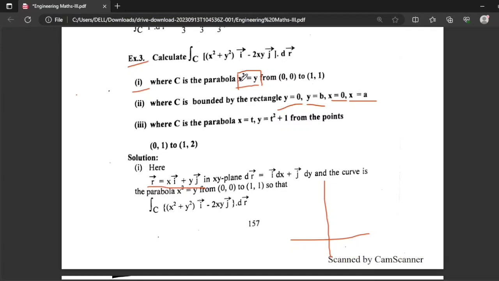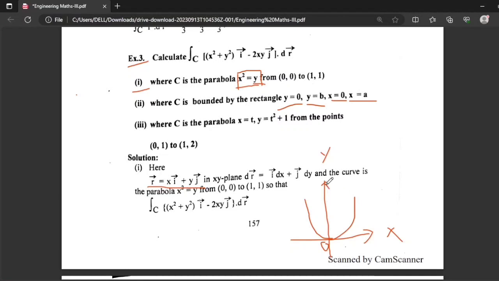This is the x axis and this is the y axis and this is the origin O. For every positive or negative value of x, y will be positive. When x equals 0, y equals 0, that means it passes through the origin, and when x equals positive 1, 2, 3 or negative 1, 2, 3 and so on, y is positive, because positive square is positive and negative square is also positive.